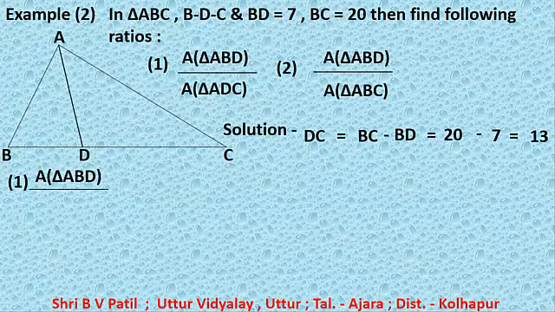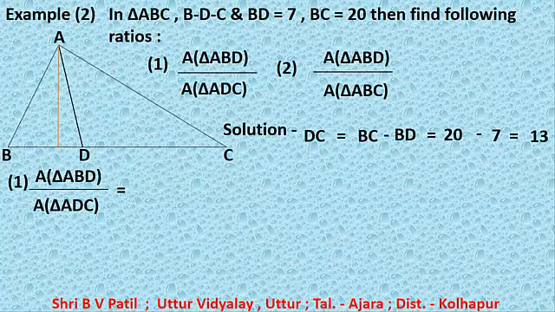Then the first asking question, area of triangle ABD divided by area of triangle ADC is equal to, for first triangle ABD, BD is the base, and for triangle ADC, DC is the base. Therefore, we get height from point A, that is common height, that is equal height. Then ratio of areas of two triangles proportional to their bases.